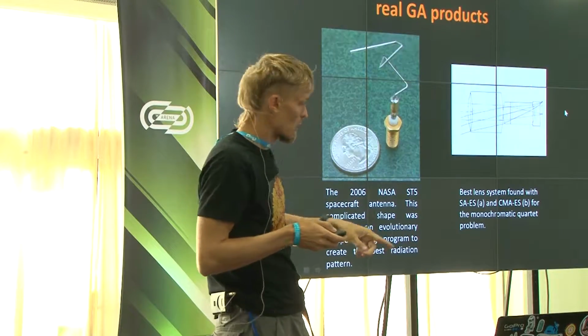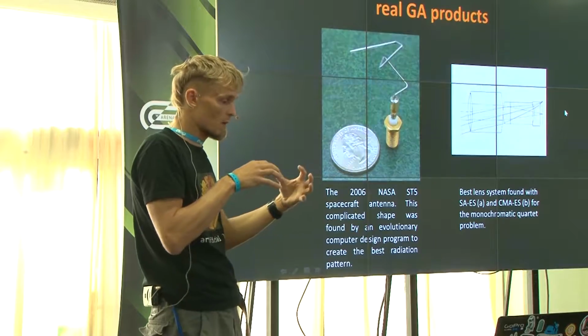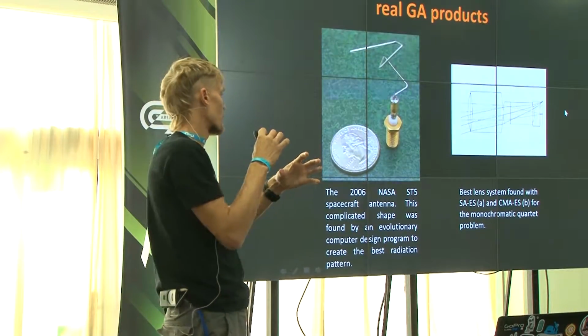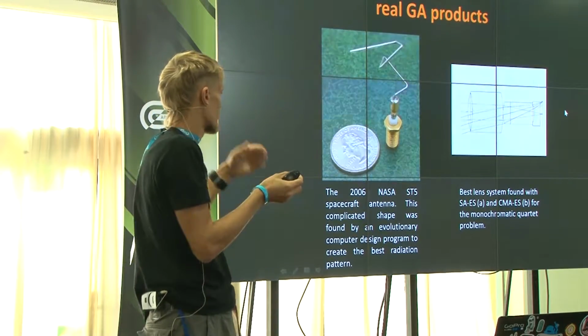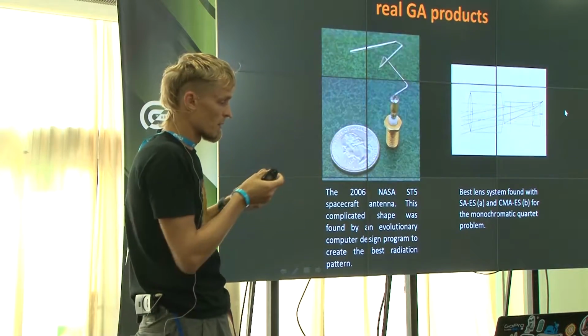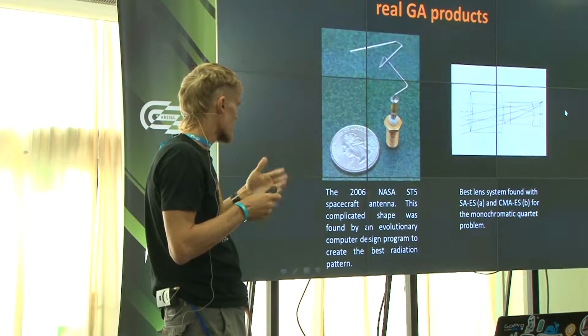The second example on the right is a lens system. If you have a lens system, for example, you have a camera, yeah? It's a simple camera, and you have to get some great image as output, with cheap material, the distance between these lenses, the curvature, and so on.